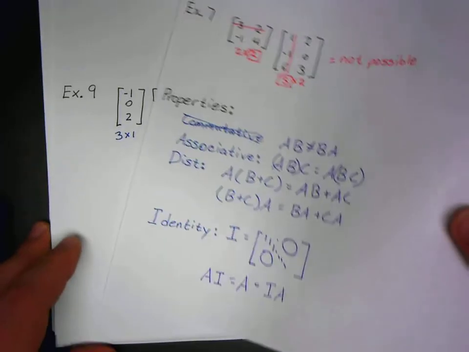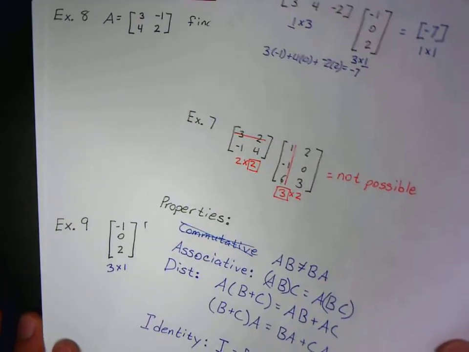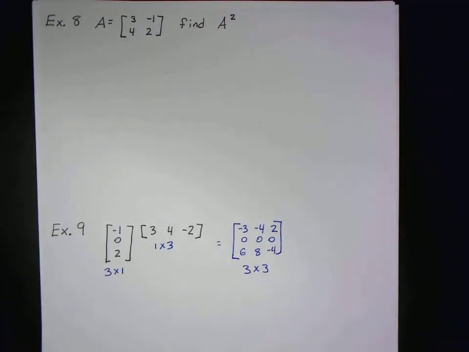Okay, I want to do one more thing and then I promise I'm done. Okay, I want you to try number 8. If you get 9, 1, 16, 4, you're in trouble.